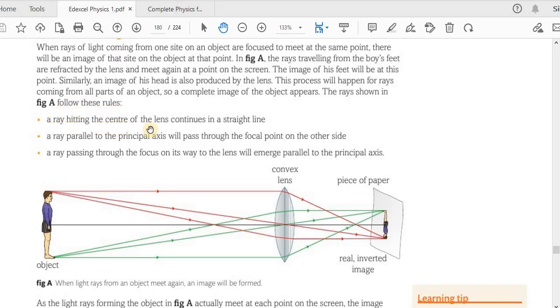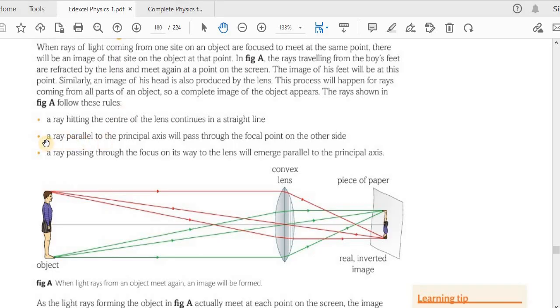A ray hitting the center of the lens continues in a straight line. See, it continues in a straight line as long as it's passing through the center of the lens. You can see even this green line is passing through the center of the lens, so it is not deviated. It passes as a straight line, no refraction. Remember that. If it's passing through the center, there is no refraction.